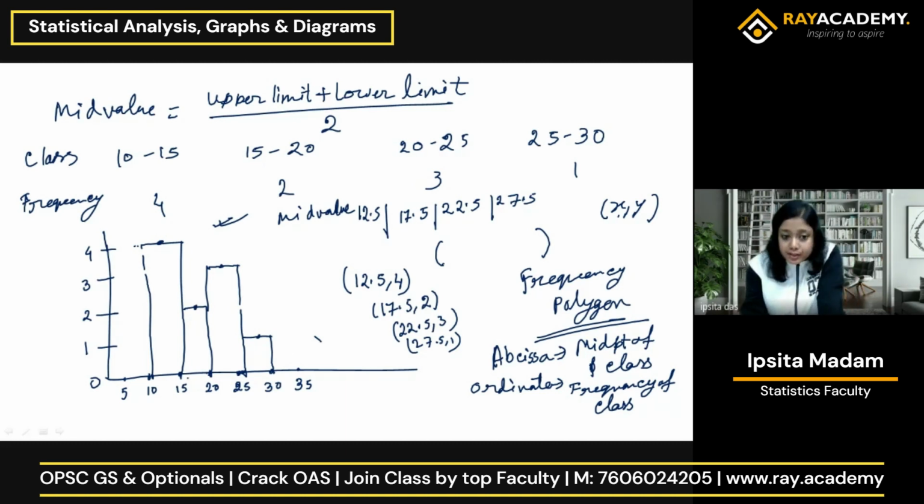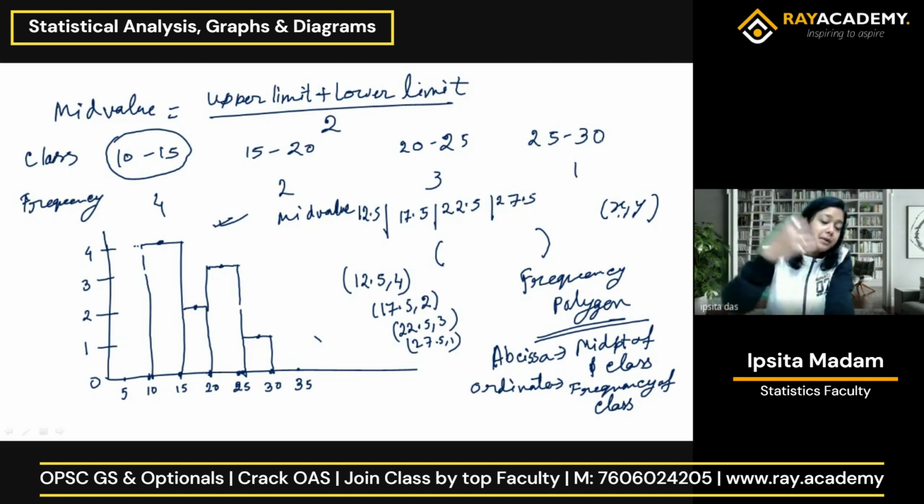So for the first portion, also requirement the previous of the first class, and its mid value. This is our first class. 10 to 15, 15 to 20, 20 to 25, 25 to 30. So any guess previous of the first class will be?